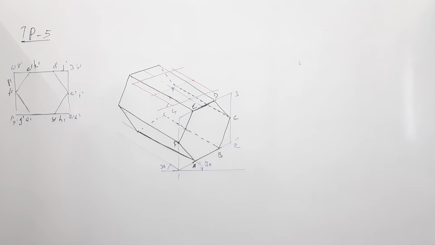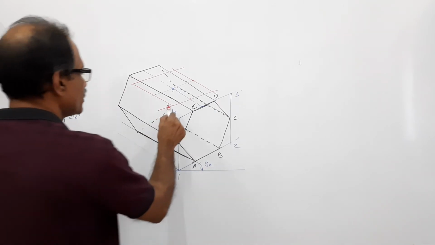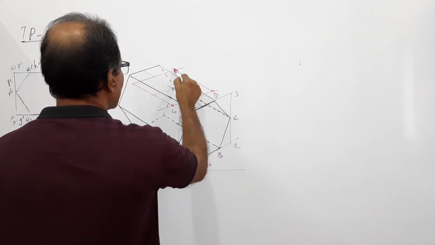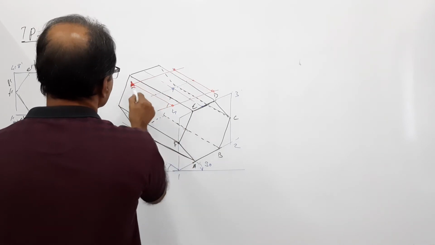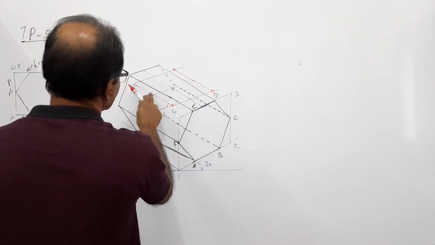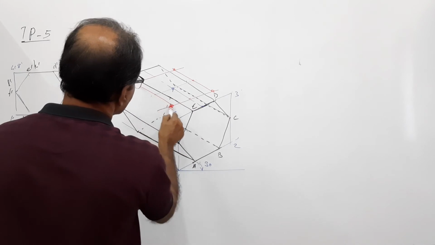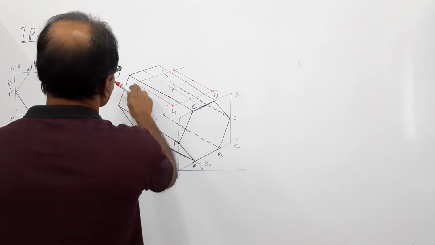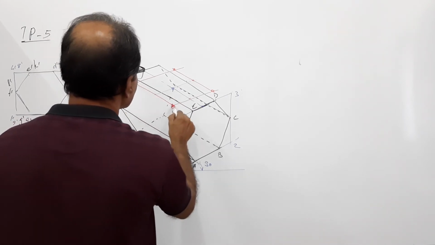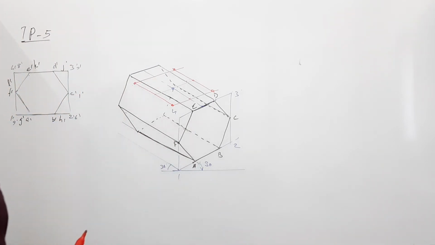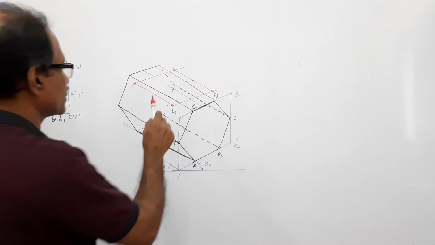What do you get? You get a rhombus. What size? 50 side. These are the four corners of the rhombus.